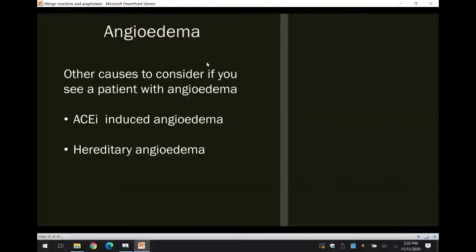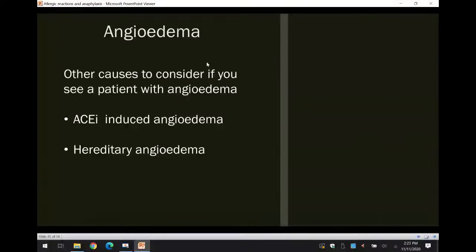So ask a brief history as to what medications they're on. If they're on any of the ACE inhibitors, generally lisinopril is one of the most common ones. Enalapril was one of the primary culprits, but it's not used quite as often anymore. You have a higher incidence with enalapril than you do with lisinopril.